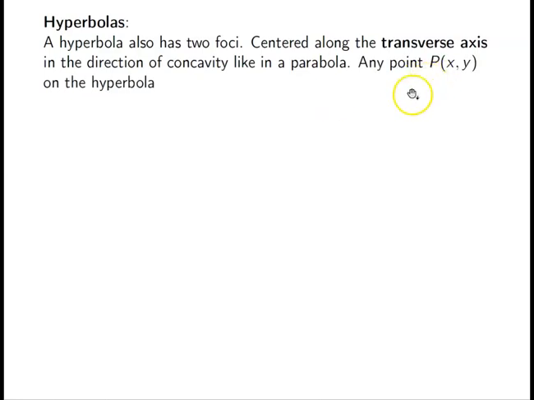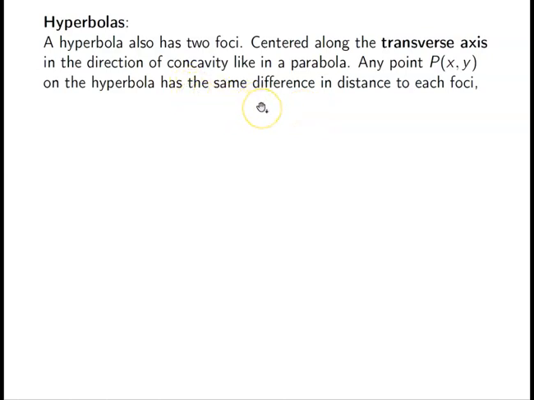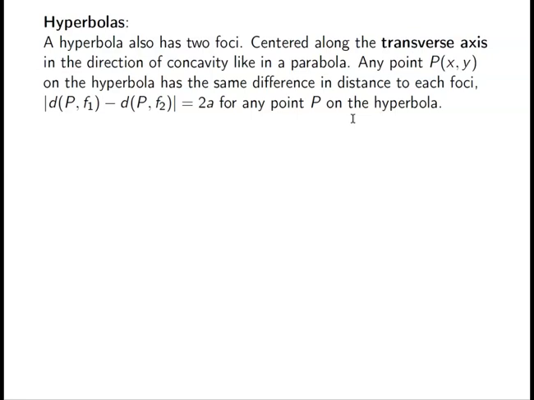Any point on our hyperbola is going to have the same difference in distance to each focus. If I take any point on my hyperbola, the distance from one focus to the point and to the other focus, very similar to what we did with the ellipse, I'm looking at the difference between the two distances, and that's always going to be 2a.